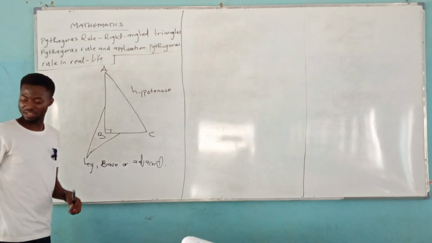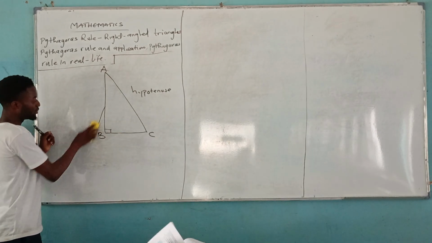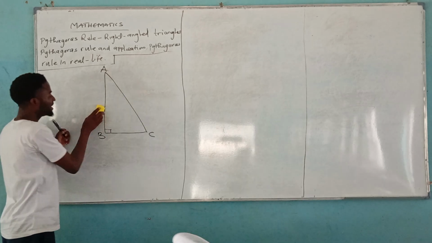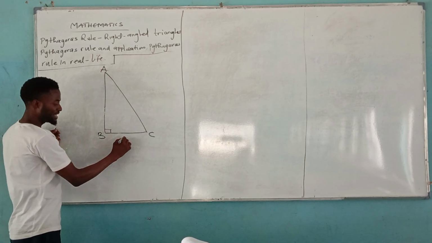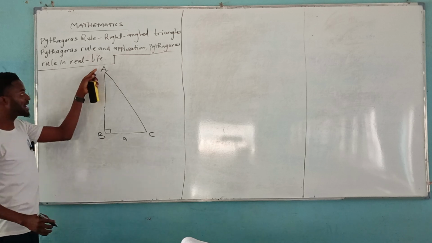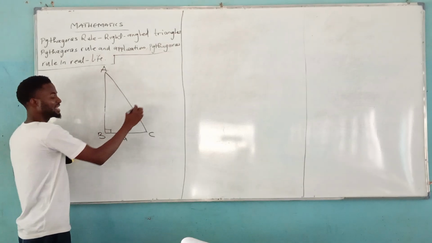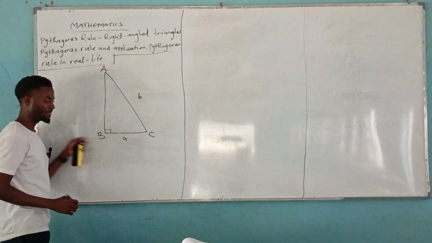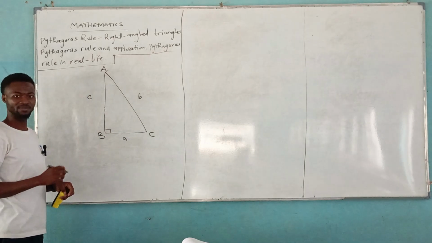One of the things I also want us to look at is, if this is angle A, you can name this side small a. If this is B, this is side small b. If this is C, this is side small c.